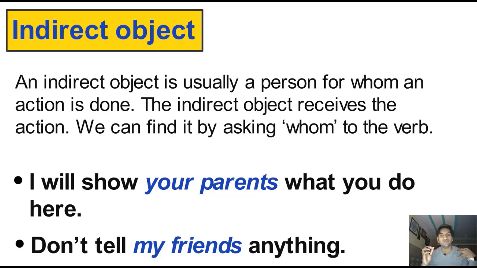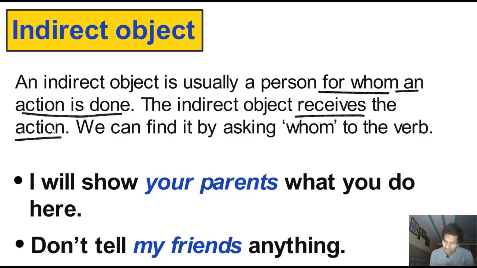It is the person for whom or to whom the action is done. All right. So an indirect object is usually a person for whom or to whom an action is done. The indirect object receives the direct object.